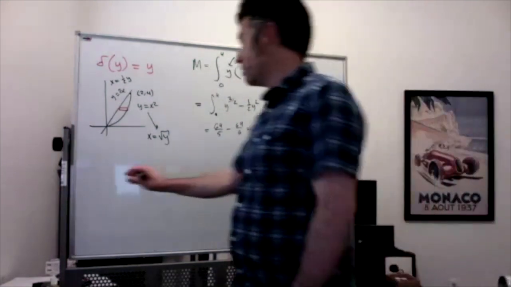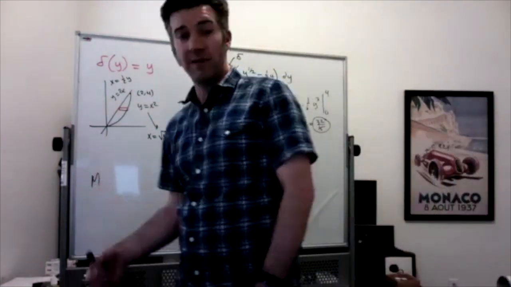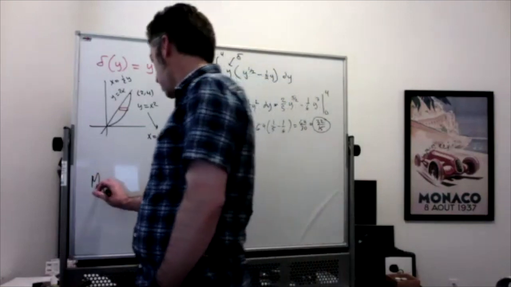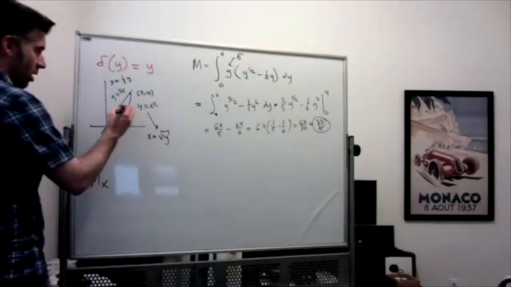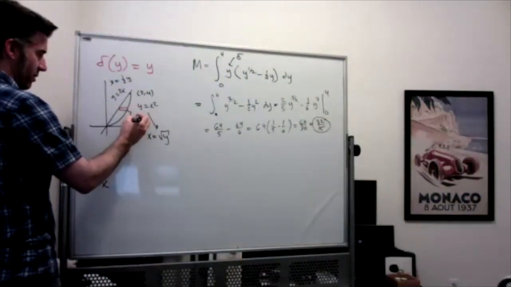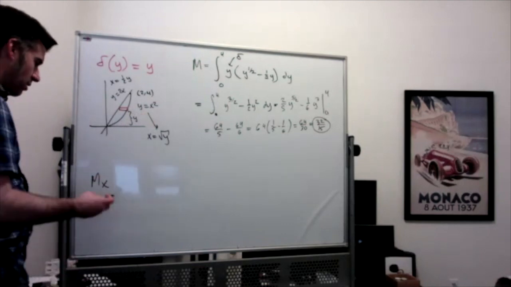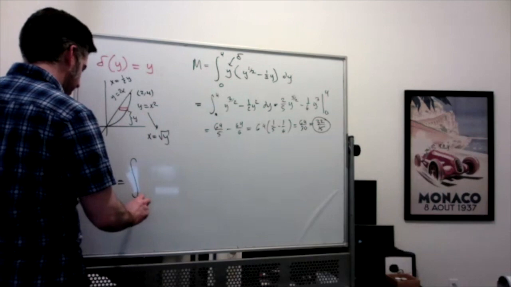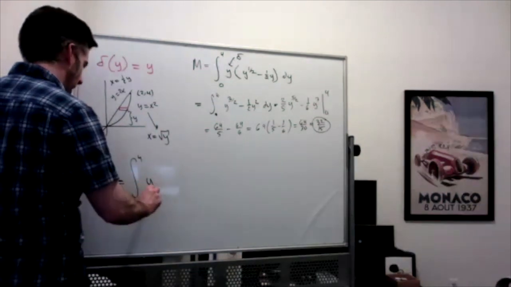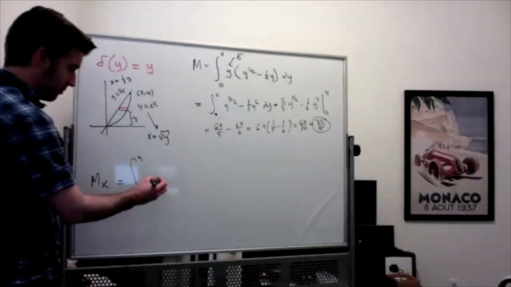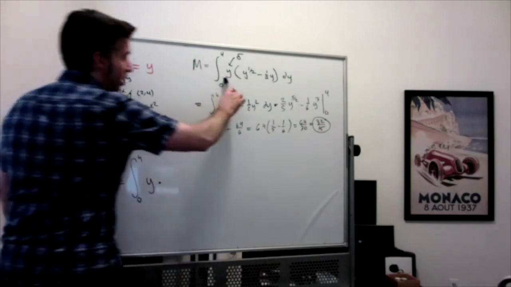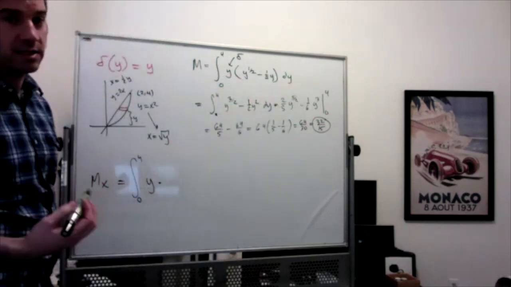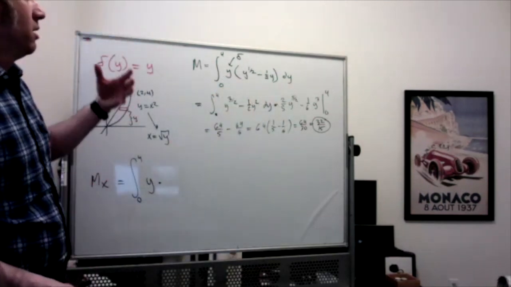To find the moment, let's do the moment around the x-axis first. Because the moment around the x-axis, all of this is the same distance from the x-axis, y. So the moment around the x-axis is going to be the integral, still from 0 to 4, of y, which is my lever arm, times all of the mass of that rectangle.